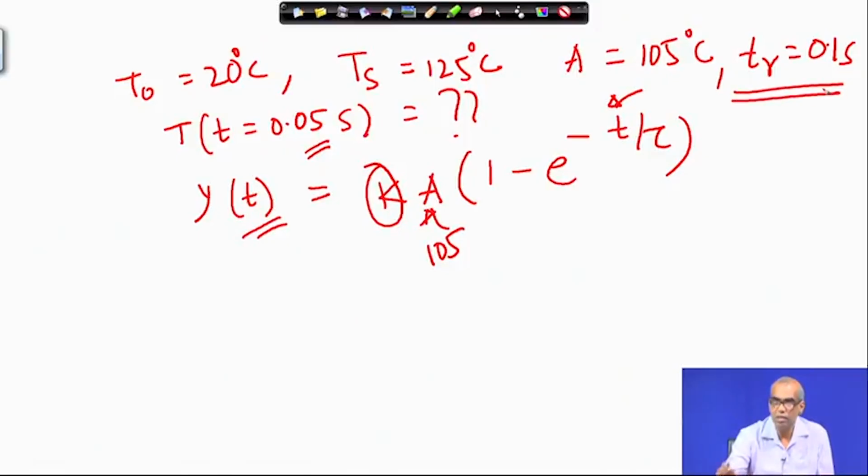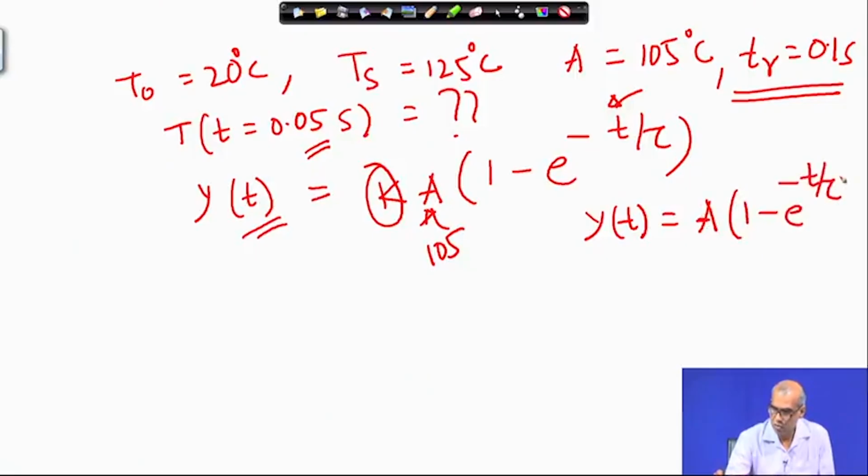Another information that is given is that of rise time. We know the rise time, sorry, the rise time is given as 0.1 second. So, rise time is the time at which 90% of the final response is achieved. So, from this equation y(t) equal to A, now because k is 1, 1 minus e to the power minus t by tau.